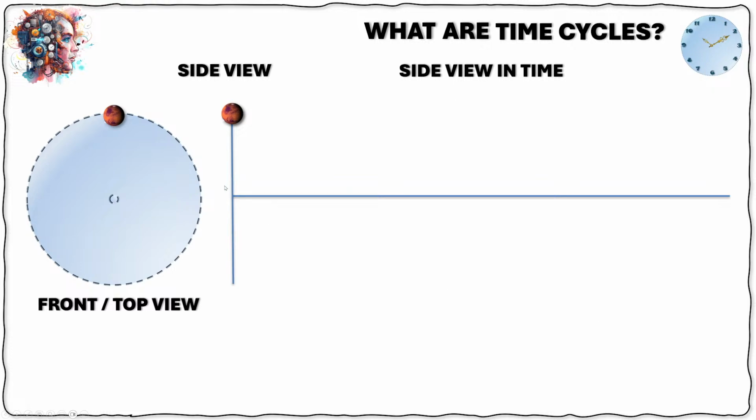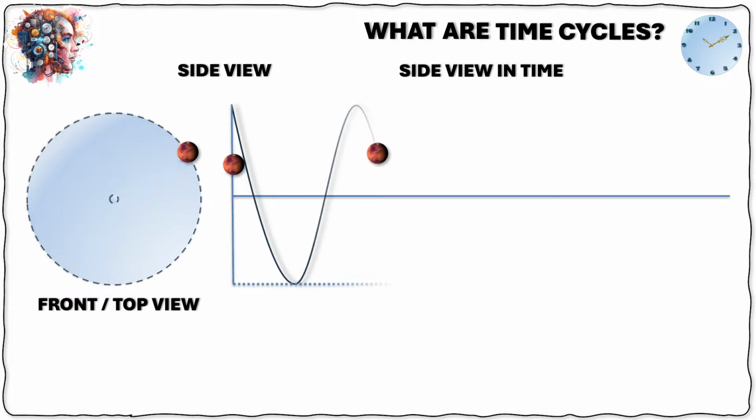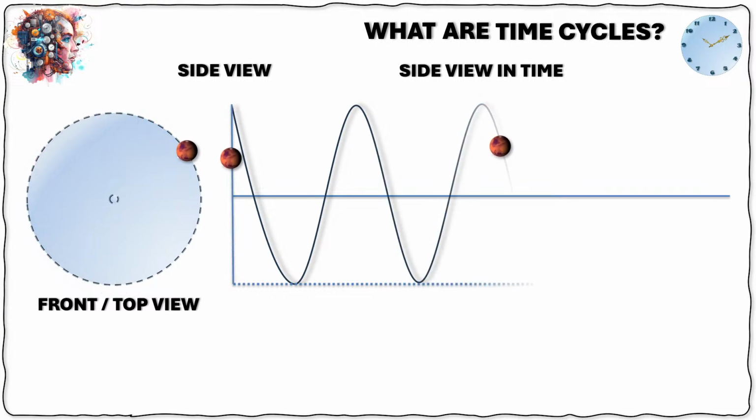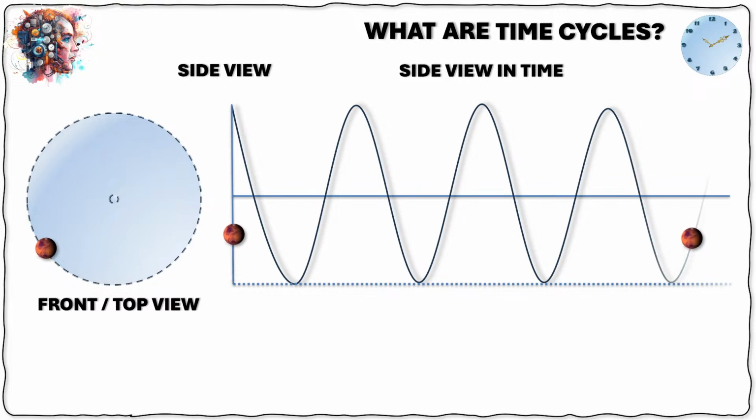Now this lateral view, when you plot it like an ECG on a timeline, this is what it looks like. Okay. Now it looks like a sine wave.